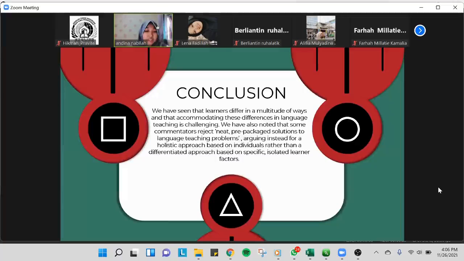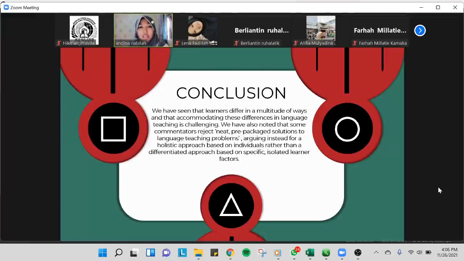Before the end of this presentation, I would like to give the conclusions of this discussion. First, I will give an example of the factors of learners. Learners who are weak in auditory segmentation and phonemic coding are likely to experience problems in noticing, while other learners with less developed language analytical abilities may have difficulty detecting patterns in the features they have noticed in the classroom.